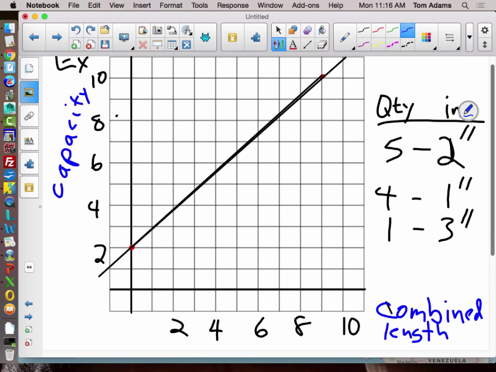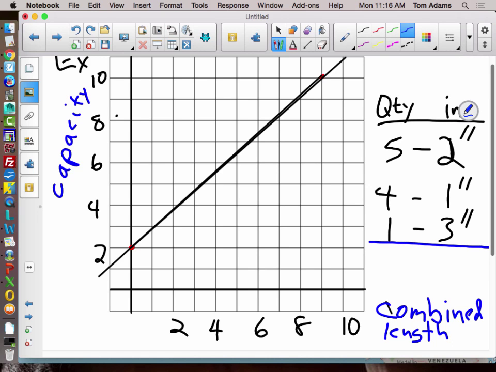How do I do this? Yes. So you have to add up the total length of all the fish you're getting, and then you'll find that on the combined length part of the graph, and you'll go up to where it intersects on the line.